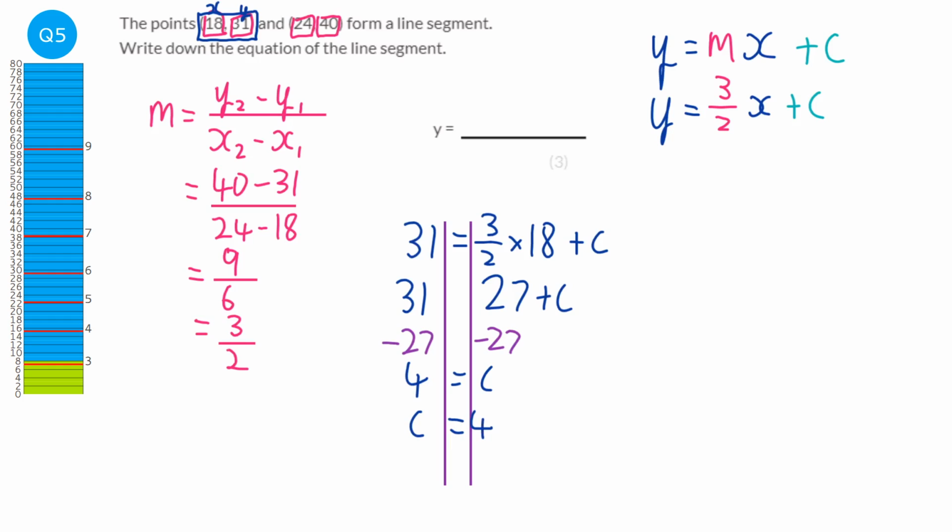Now that we know c equals 4, we can substitute that into what we know. So it's 3 over 2x, and we know that c is 4, so it's going to be plus 4. Let's write that in our answer. So 3 over 2x, it could be 3x over 2. You could put the x into the fraction, and then plus 4.